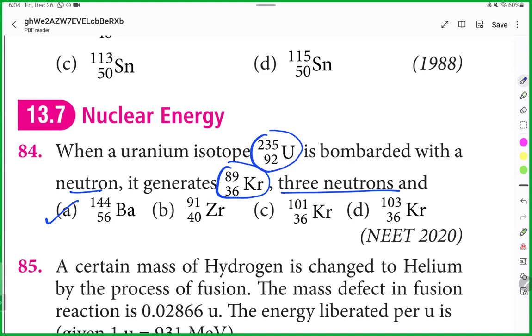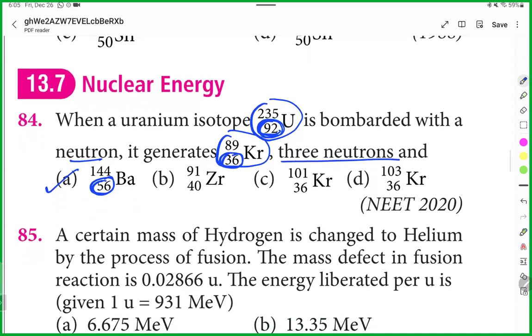How to do this? Check the relation of the options. In case of uranium, Z value is 92. This is 36. Remaining is 56. Done. Understood?